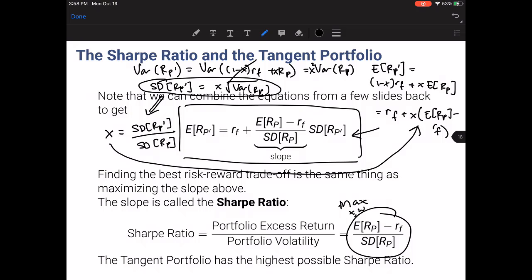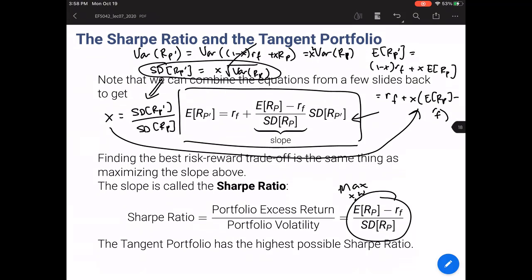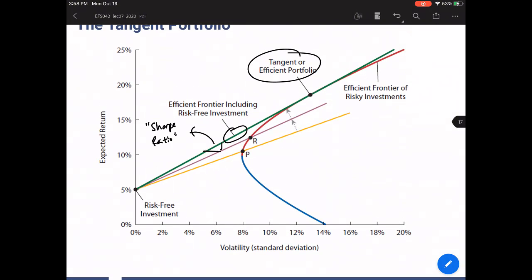Remember, based on the previous slide, our goal was to shift this portfolio that includes the riskless asset as far to the upper left as possible. We do this by choosing this P along the red frontier of risky assets. Once we shift it to a certain point, that's the point at which the straight line will be tangent to the efficient frontier for just risky portfolios.